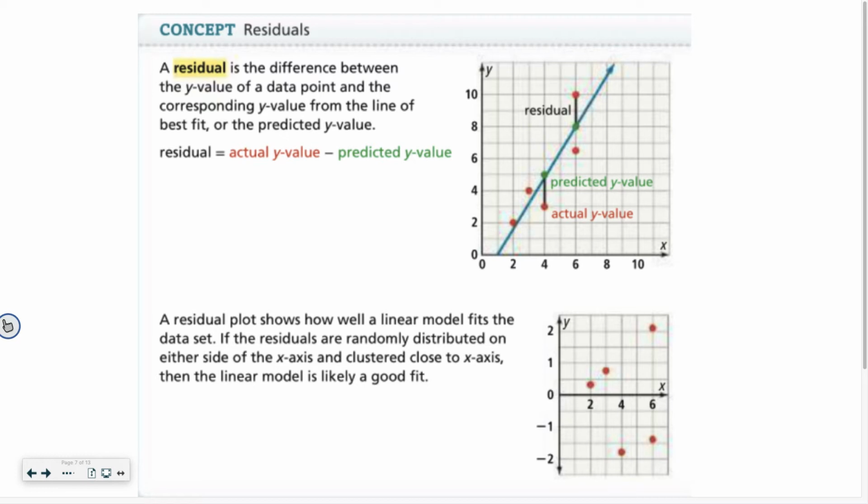The way you find a residual is you take the actual value that's listed in your XY table and subtract your predicted Y value. When you plug something into an equation and you get a different value, that is called your predicted Y value. So you do your actual from your table minus your predicted.